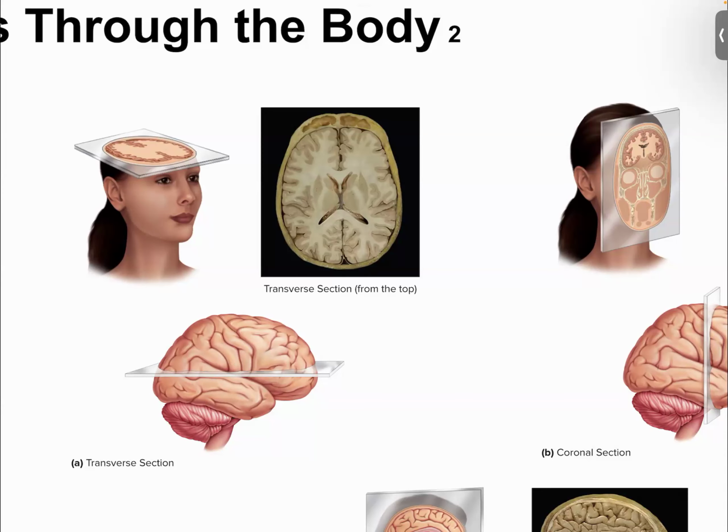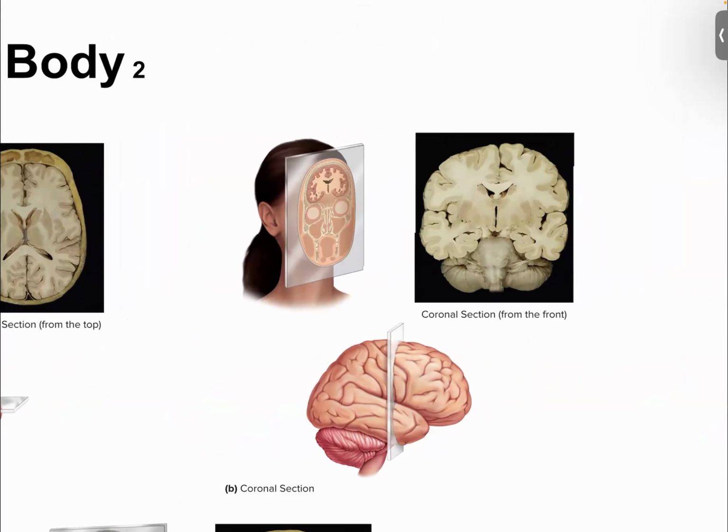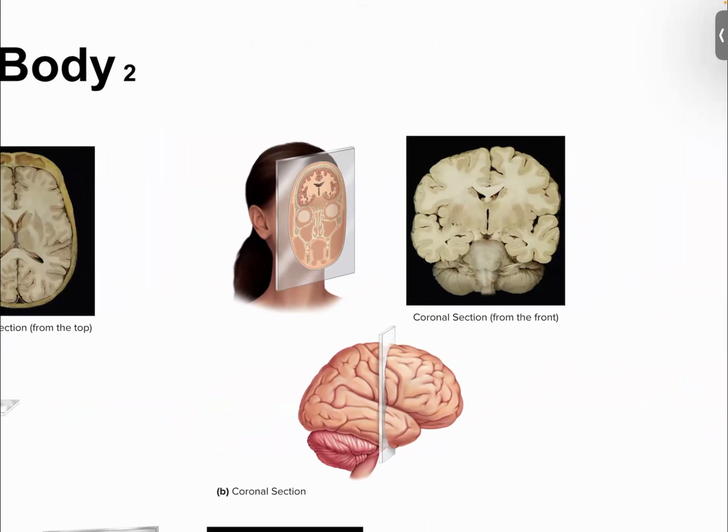Okay. Now, if you do a coronal cut or a frontal cut, this is basically what you're doing. You're taking it straight down and cutting through your face. These are really cool, not as common, but really cool. For brain purposes, we'll see these often as well. Notice you see different aspects. You can see the lateral ventricles, the third ventricle, and the white and gray matter of the brain itself.